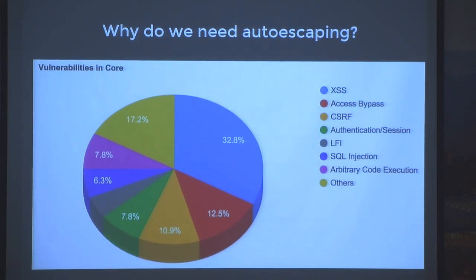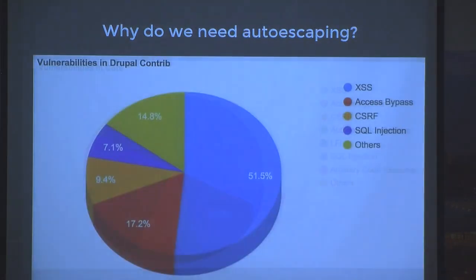And the reason why it was so important that we are willing to postpone the release is that XSS is 33% of all the vulnerabilities in Drupal core. So 33% of the times you install a security update on your client side is because of XSS, which is a big number. But that's not actually all.